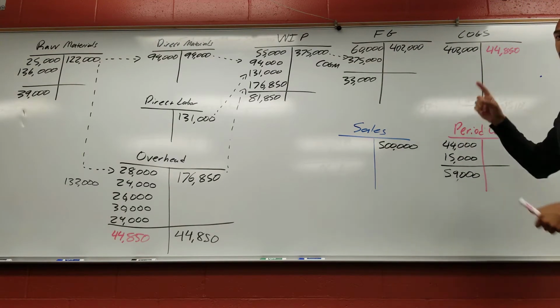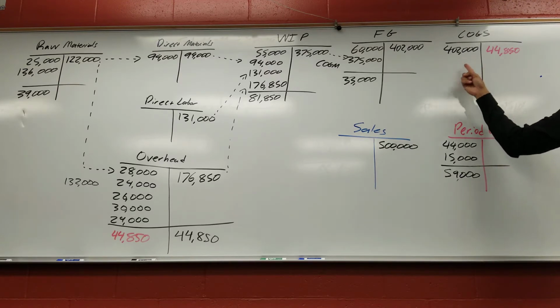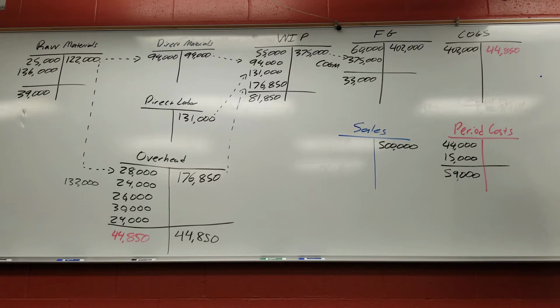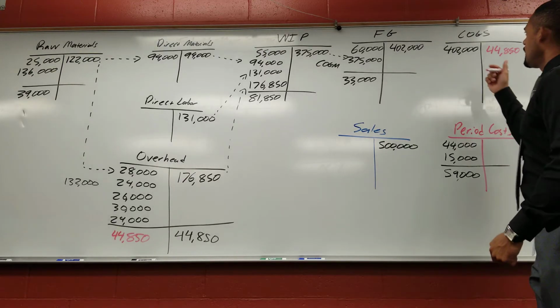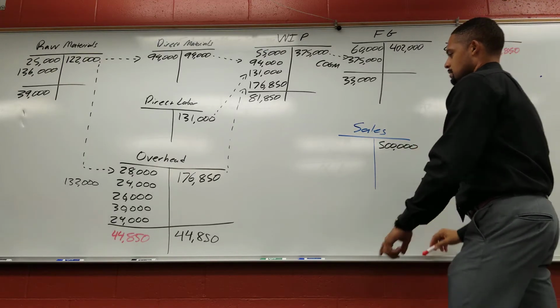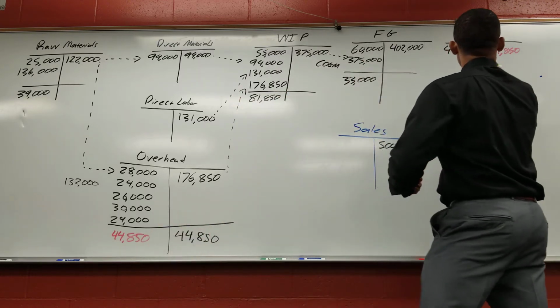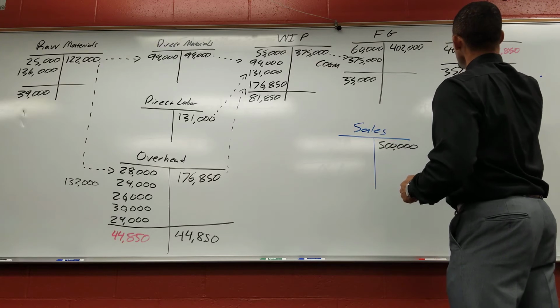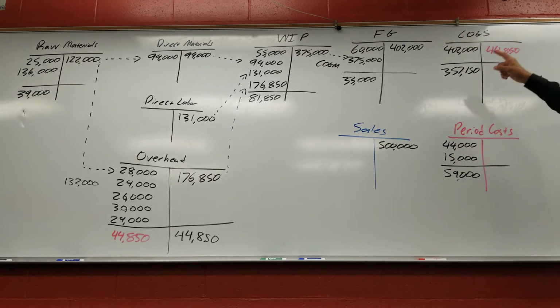And because we credit this expense, it's going to lower the expense. 402,000 minus 44,850 should get us down to, dang, what are you going to be? 357,150? I believe so. $357,150. And there's our true cost of goods sold.